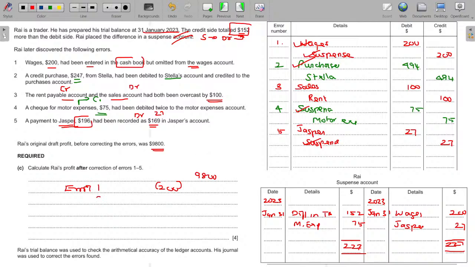Purchases, error 2, also decreases it by 494. Sales in debit side and rent in credit side are both nominal accounts, one decreasing and one increasing, so no impact. Motor expenses in credit side, error number 4, so it will be income 75. So you subtract these two and add this one, the ultimate value being 9181. Is that clear?